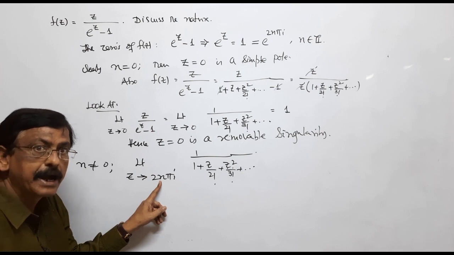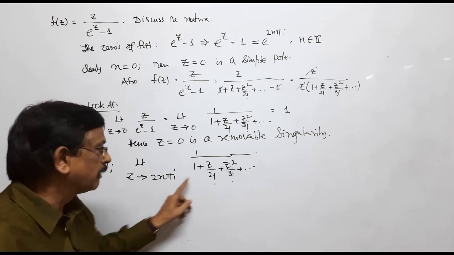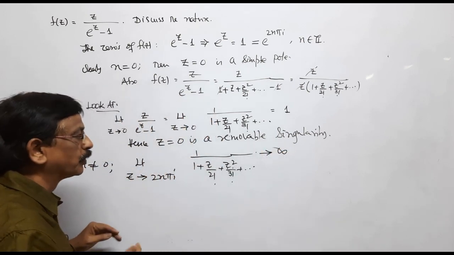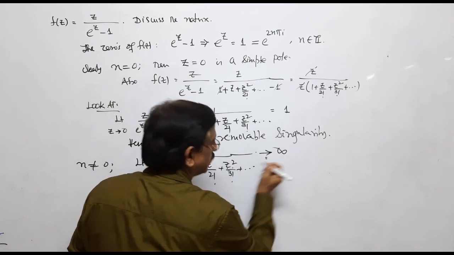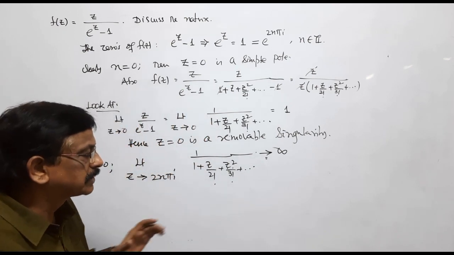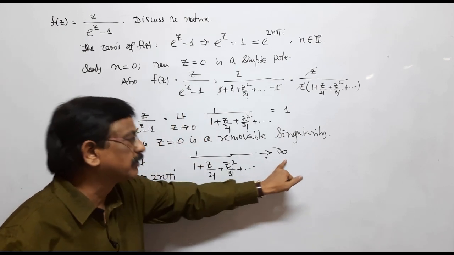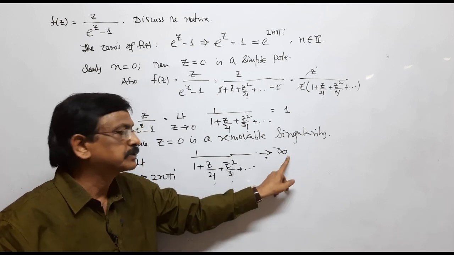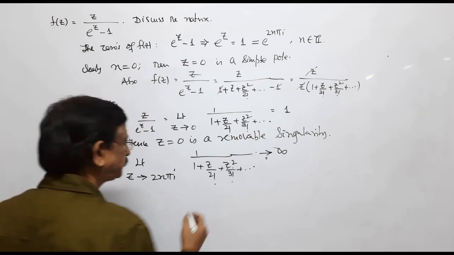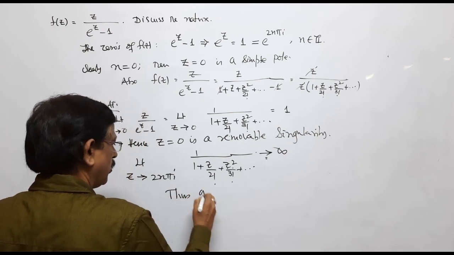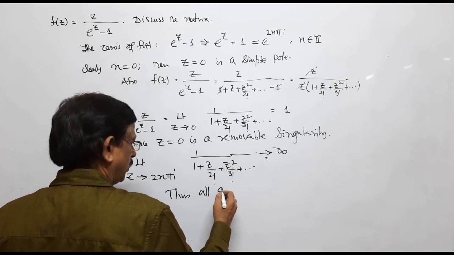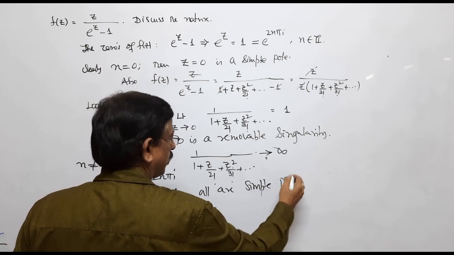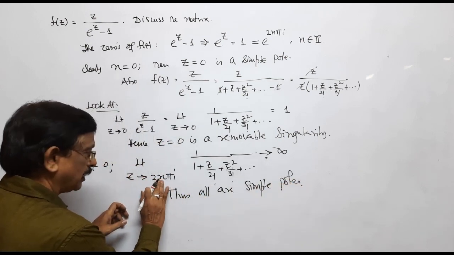As z tends to 2n pi i, this goes to infinity. Usually this limit is equal to infinity, as n is larger and larger. Thus all of these are simple poles, namely those with n different from 0.